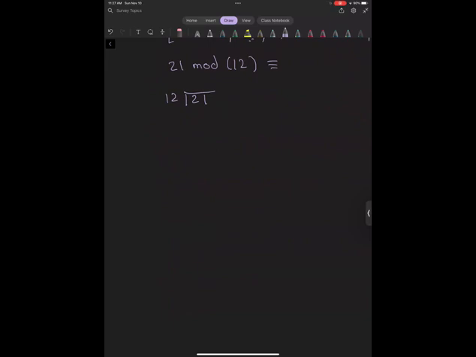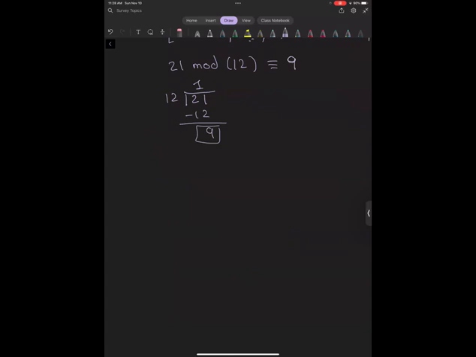So, 1 times 12 is 12, minus 12. And then this is 9, right? 21 minus 12 is 9. So the residue is what you need. So 21 modulo 12 is 9. It's congruent to 9, right?